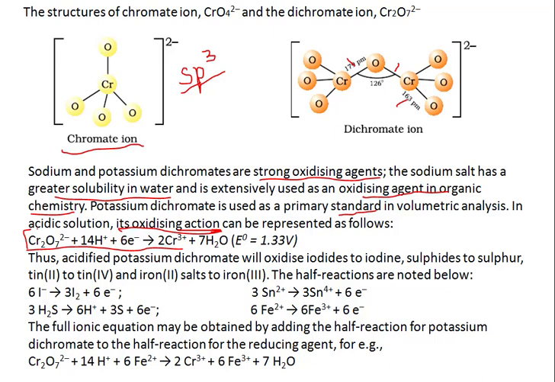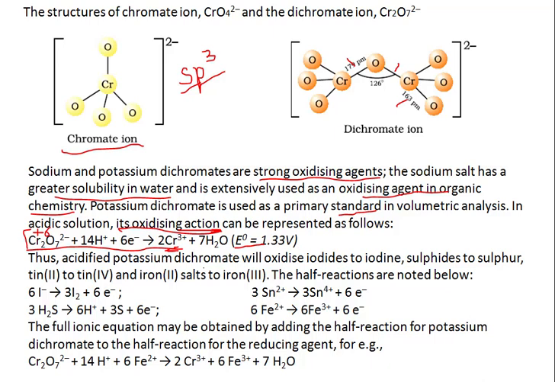As a result, from +6 oxidation state it is changed to +3 oxidation state, plus 7 water molecules. So it itself undergoes reduction, whereas it helps in the oxidation of other species. This equation I think you have balanced in class 11 in redox reactions by the half equation method. It is an important reaction; by gaining electrons it acts as an oxidizing agent. On this basis, the E0 value is given as 1.33 volt.